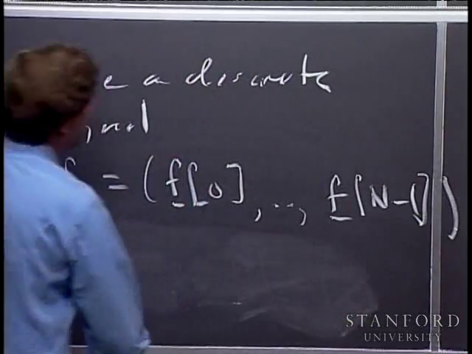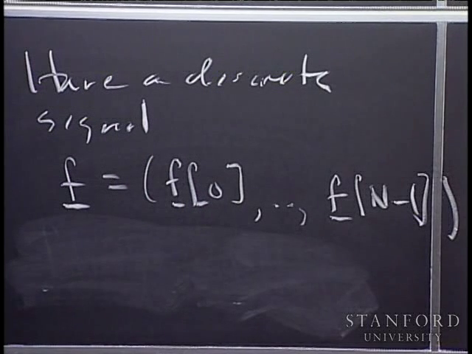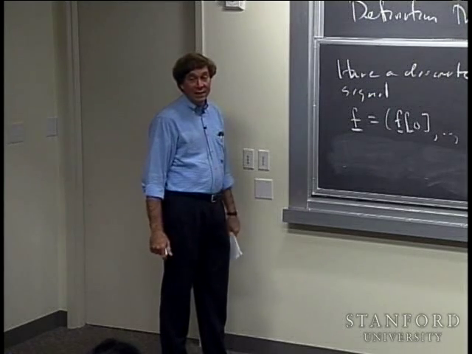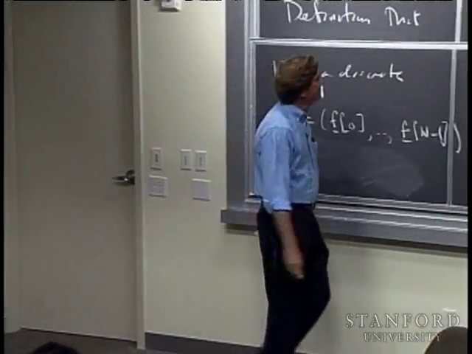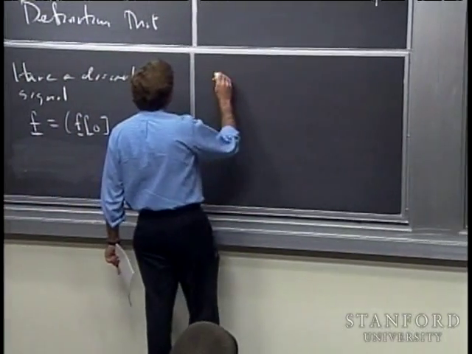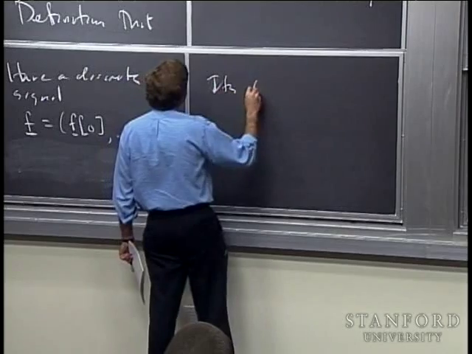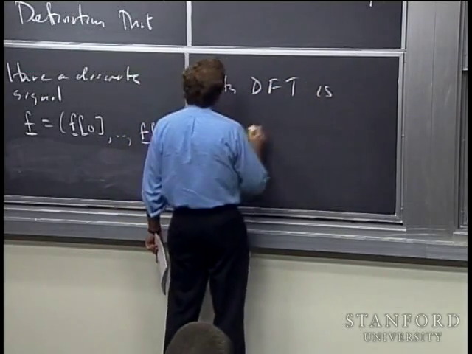And so you can either consider it as a discrete signal that's defined on the integers from 0 to n minus 1, or you can think of it as an n-tuple or as a vector. So you have a discrete signal, and its Fourier transform is another discrete signal. It's the DFT, the discrete signal.